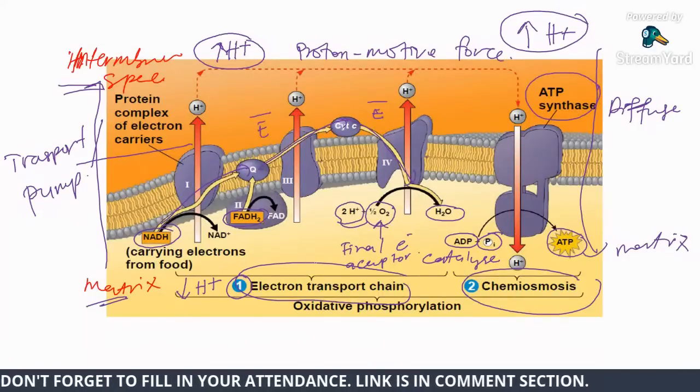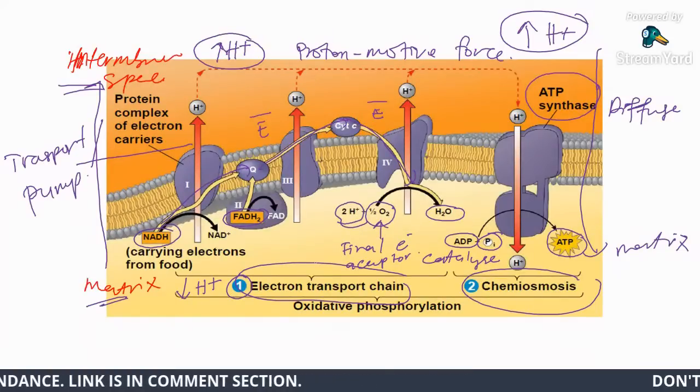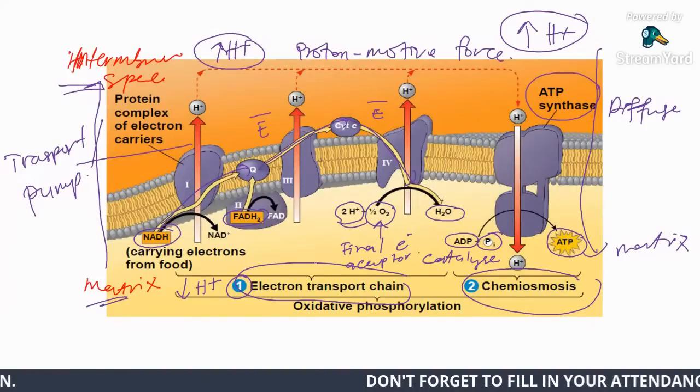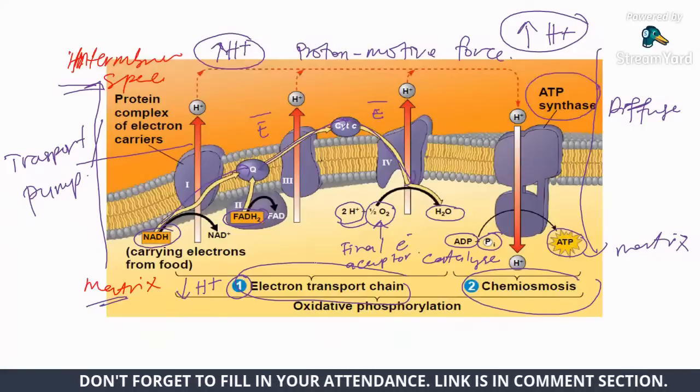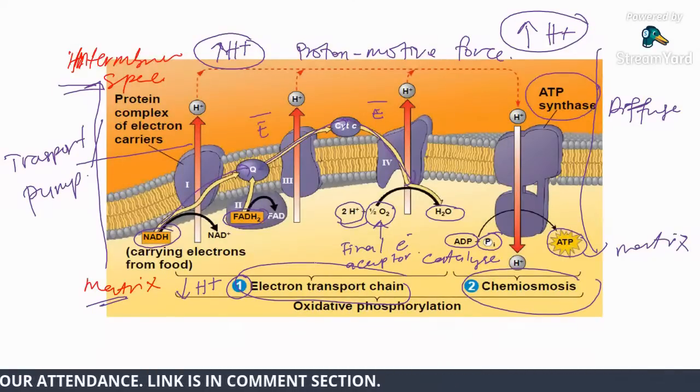Okay, so in order for the photosystem to donate electrons, we need light to strike. So we call it photophosphorylation, right? However, photophosphorylation is nearly similar to oxidative phosphorylation.